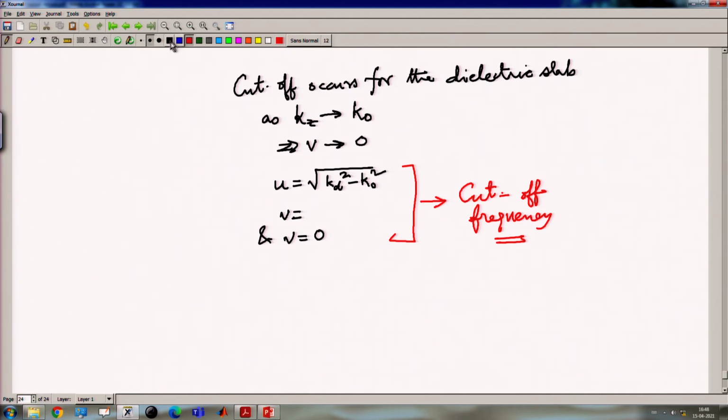And when we substitute them in the characteristic equations, we obtain tan of a by 2 root of k d square minus k 0 square equal to 0.